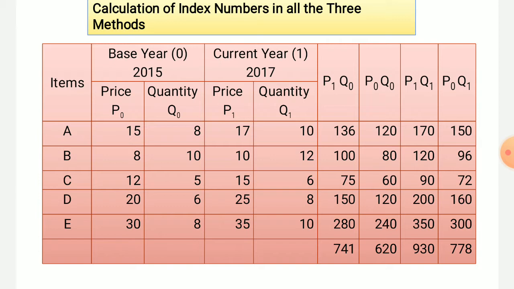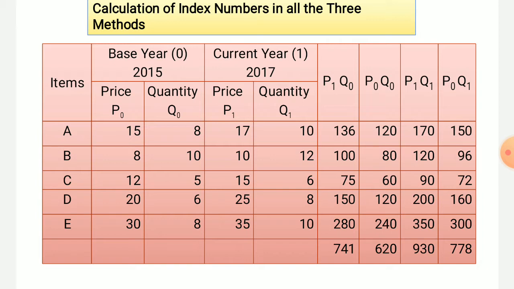So P1Q0: 17 into 8 is 136, 10 into 10 is 100, 15 into 5 is 75, 25 into 6 is 150, 35 into 8 is 280. Then P0Q0: 15 into 8 is 120, 8 into 10 is 80, 12 into 5 is 60, 20 into 6 is 120, 30 into 8 is 240.